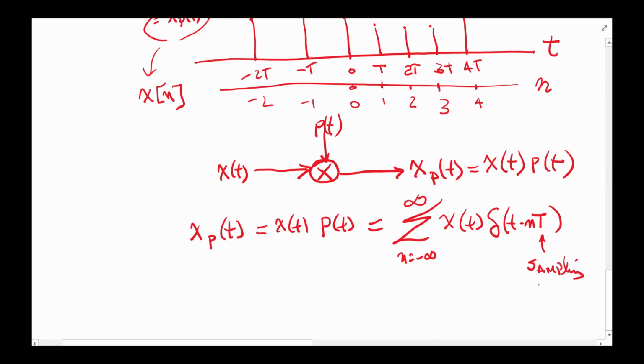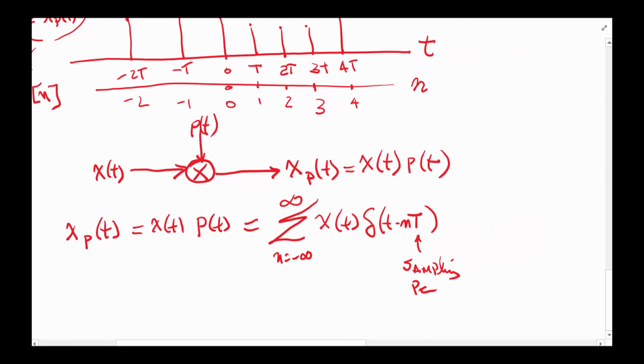What it does is, if you look at this, it is only non-zero at specific points, when t is equal to nt. So this summation gets reduced to n going from minus infinity to infinity of x of nt, and that there is our discrete value.